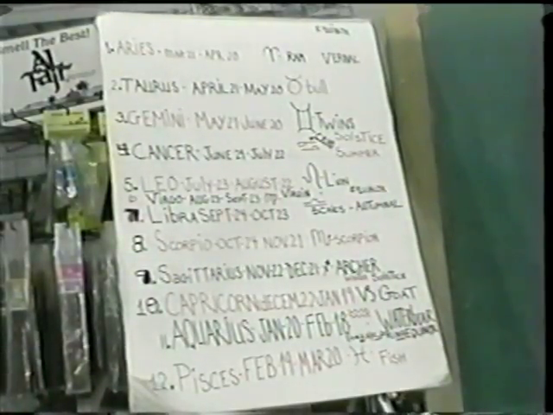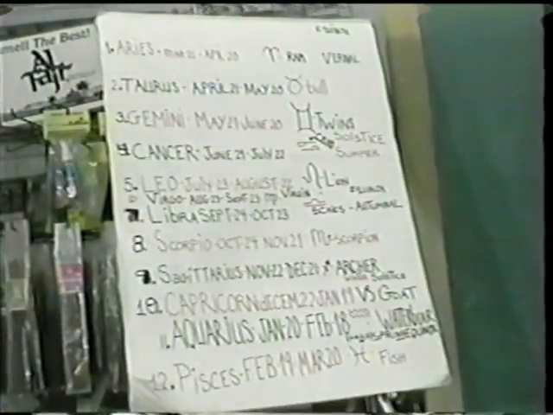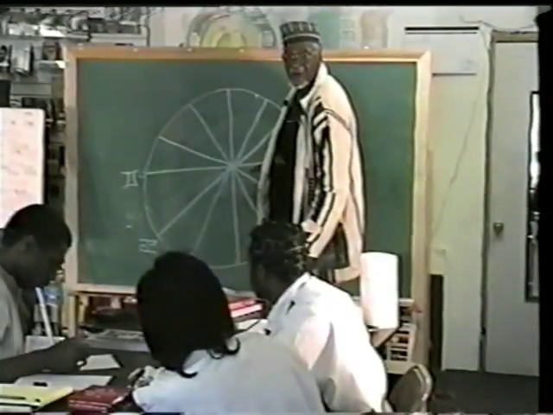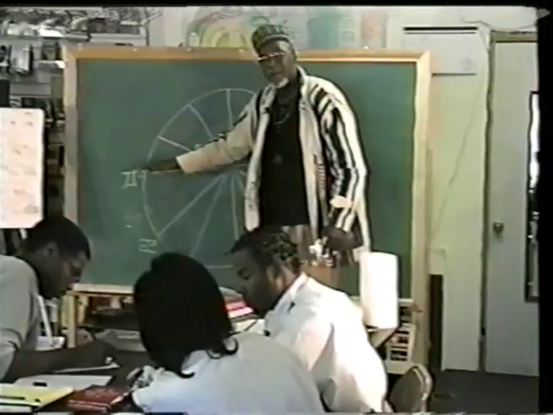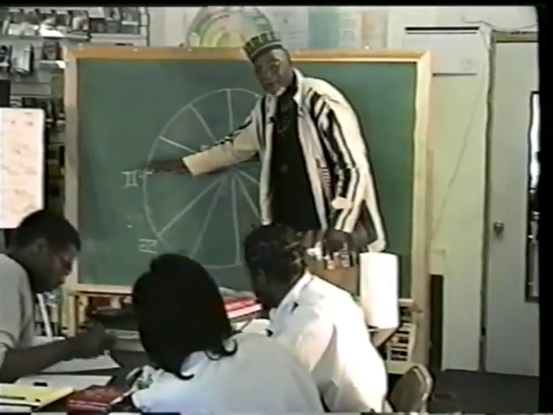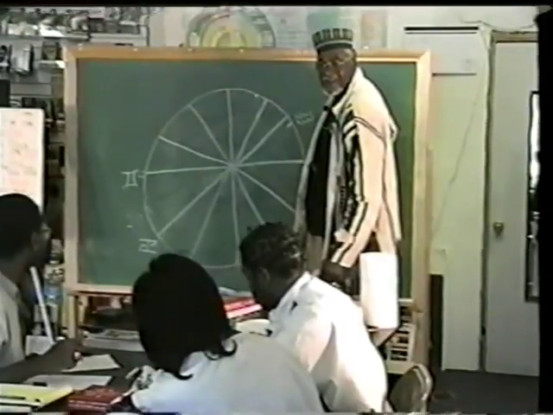Because one thing you always know, when you find your ascendant and you place it here, your opposite sign is always parallel to your ascendant, because it's the opposite of that particular sign, whatever it is. In other words, if Aries is here, Libra is here.